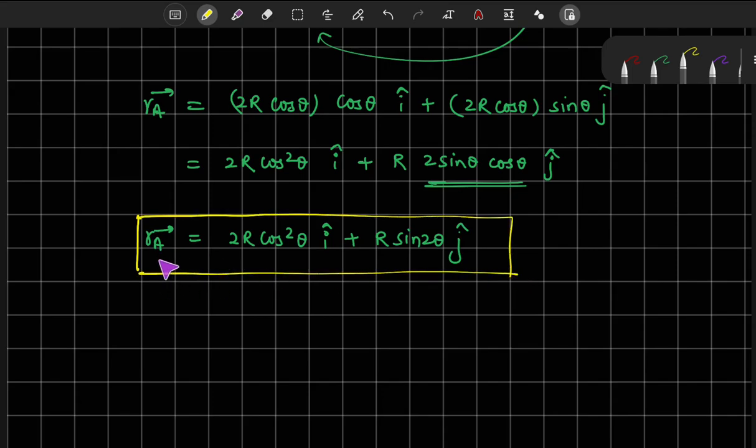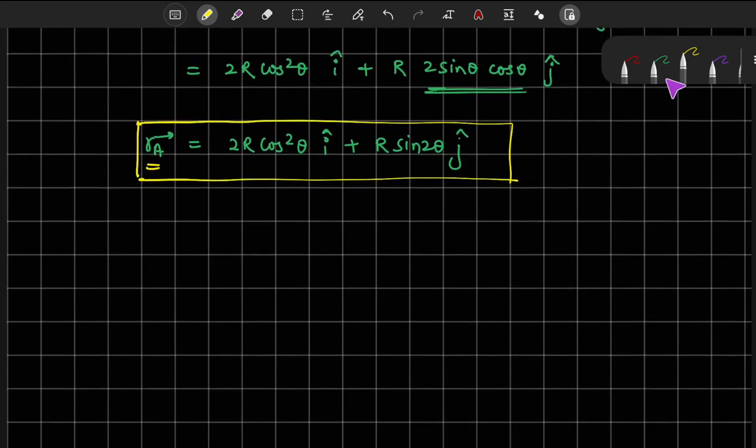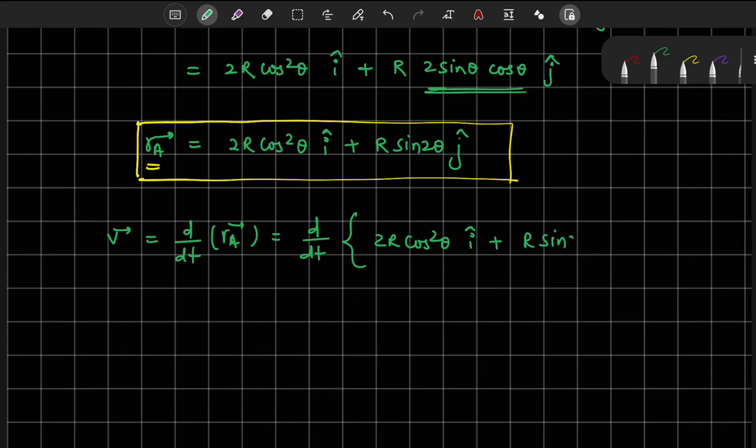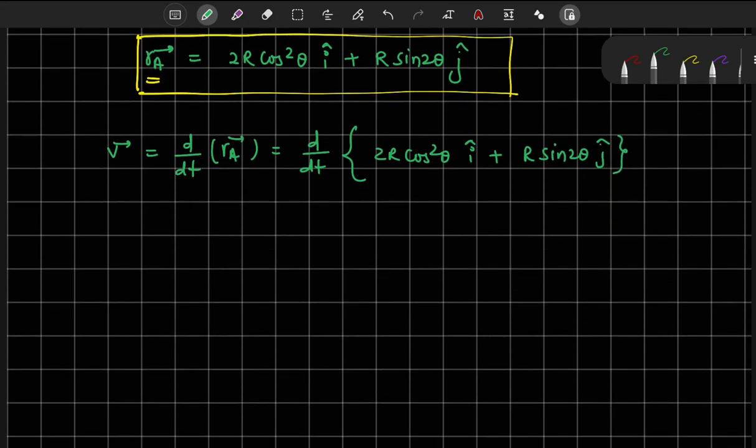For that we will differentiate this position vector. So we can write the velocity vector equal to d by dt of r_A vector, which is d by dt of 2R cos square theta i cap plus R sin 2 theta j cap. Okay, let us differentiate this vector. So we can write 2R times d by dt of cos square theta i cap plus R times d by dt of sin 2 theta j cap.